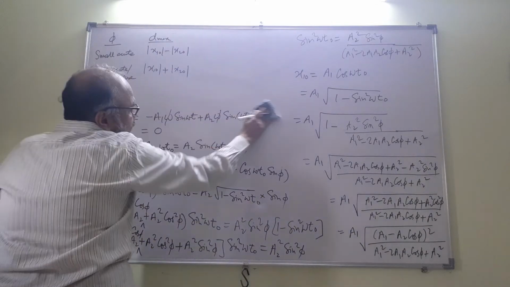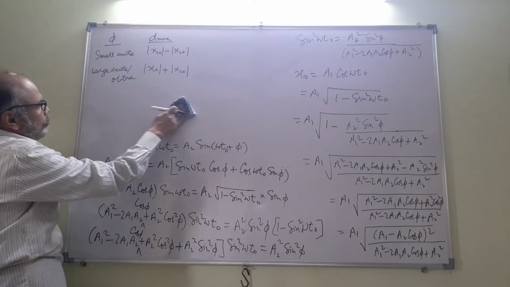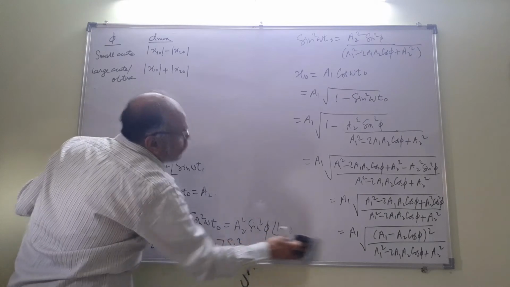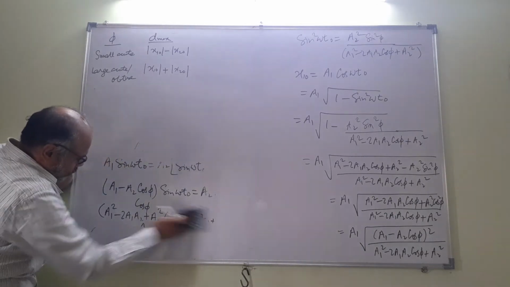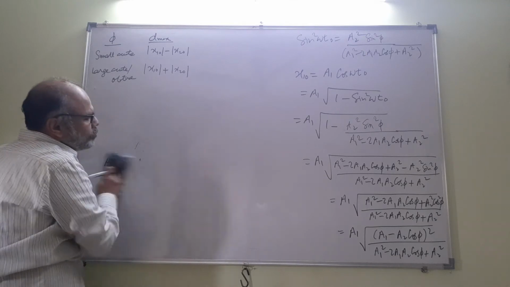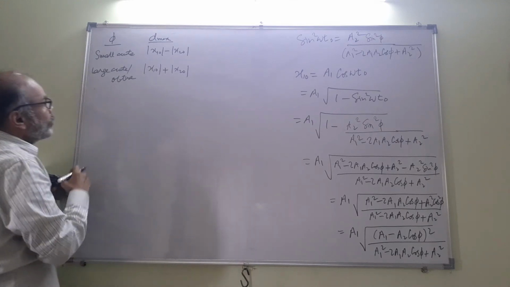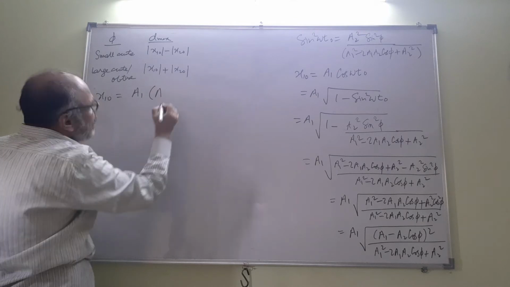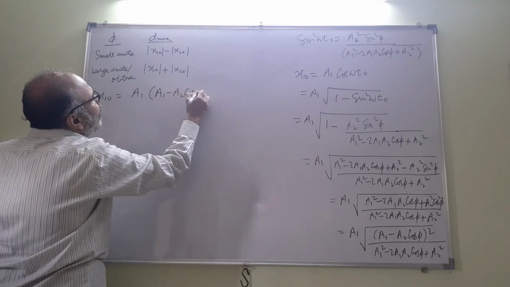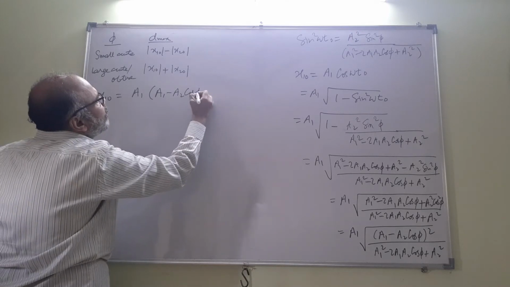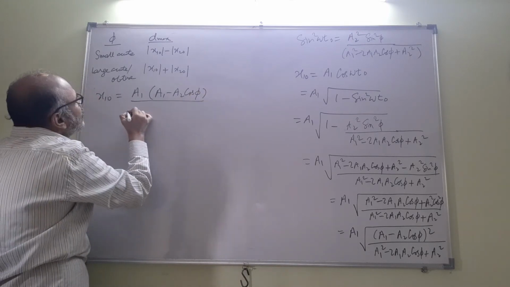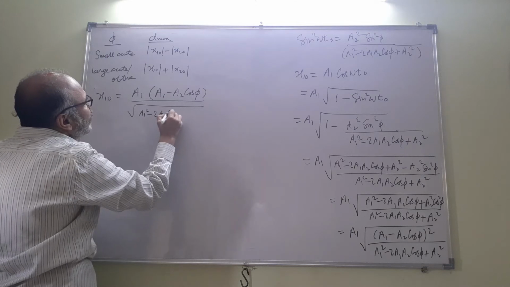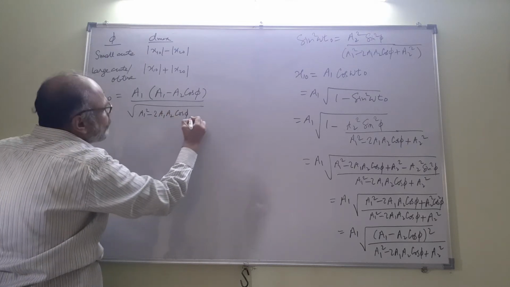So we can now write x1 0 as a1 into a1 minus a2 cos phi, cos phi, not theta, divided by square root of a1 squared minus 2 a1 a2 cos phi plus a2 squared.